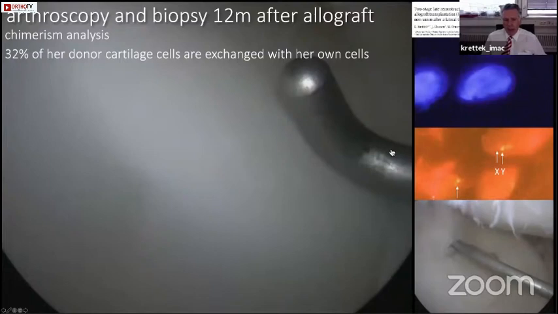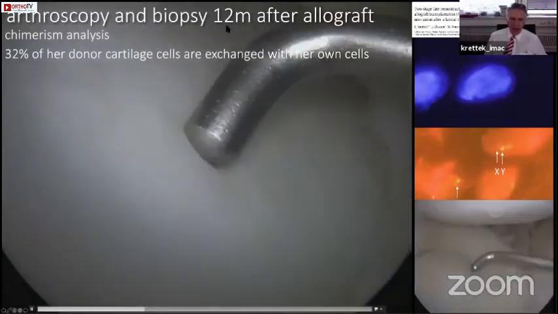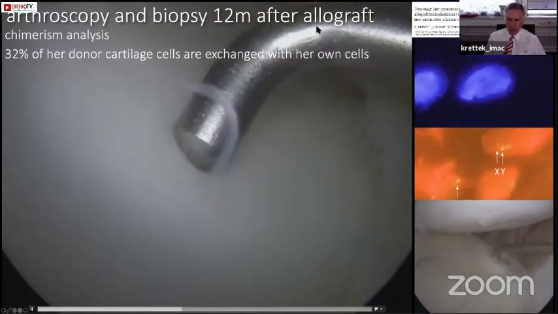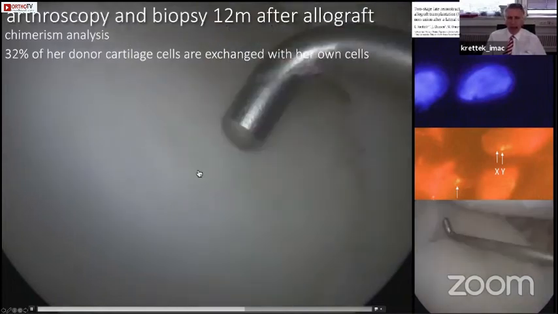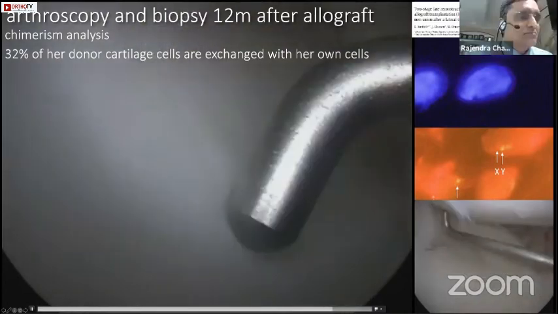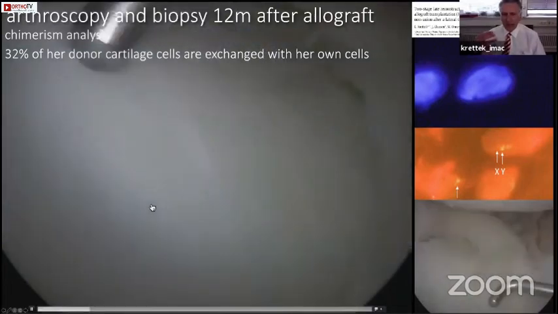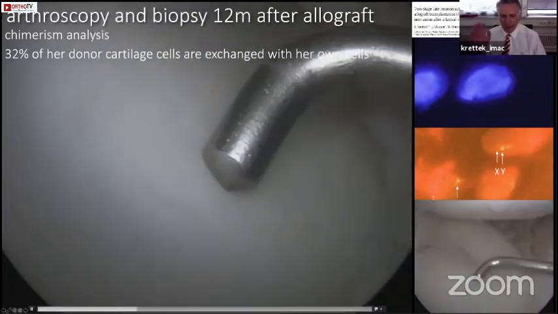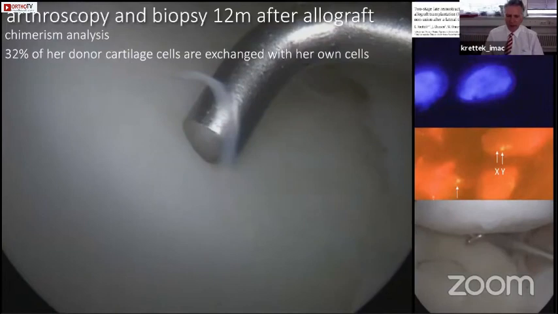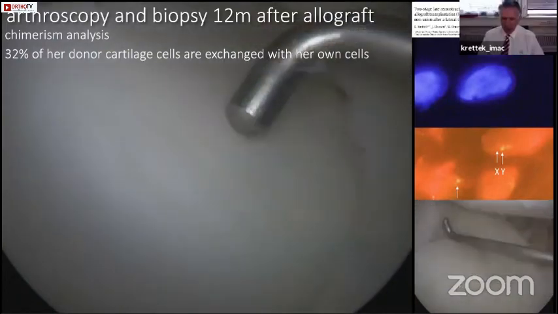And we scoped Irmgard 1 year after her allograft transplantation, and look at this arthroscopy video, the indentation test with the palpating hook. It's a very nice and soft feeling, which represents almost normal cartilage.